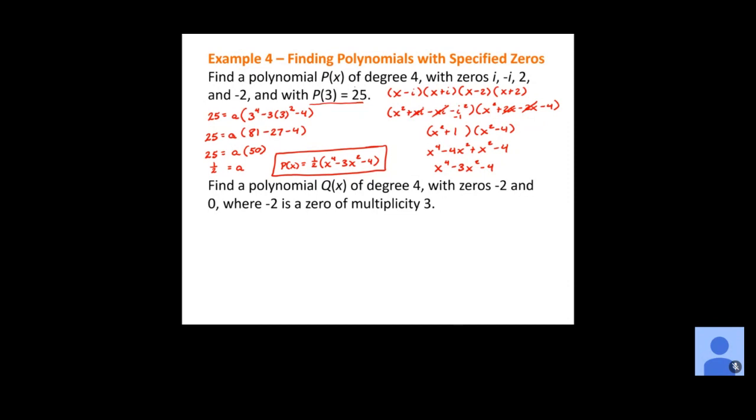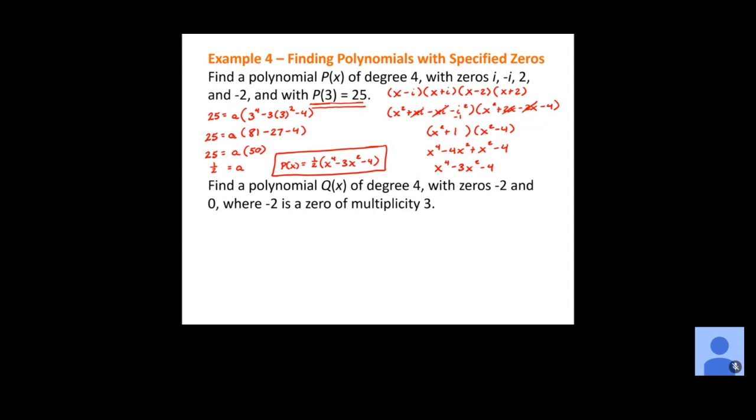So the reason for that is because they give us this p of 3 equals 25 piece. So we can't just stop at the value we got, x to the fourth minus 3x squared minus 4, because that polynomial wouldn't have a value of 25 at x equals 3. So we have to figure out what that a value is going to be so that we know what the exact polynomial is that we're looking for.